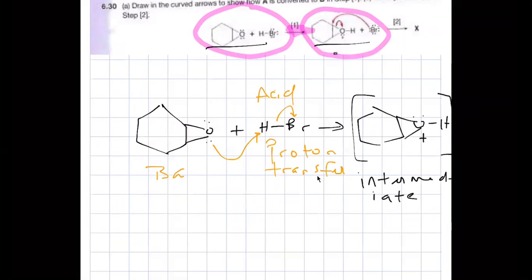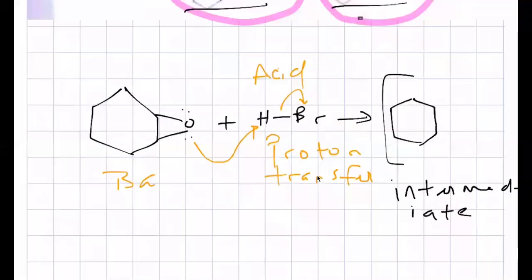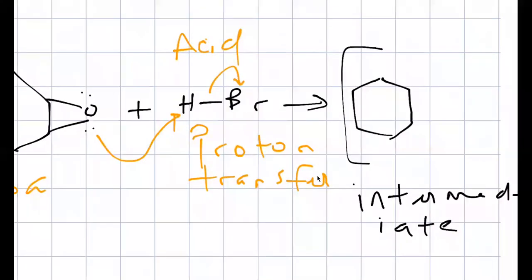What's the difference in an intermediate and a transition state? Somebody help me. With the transition state, the bonds are partially broken. I agree with that. So what does that mean in terms of whether I can isolate it or see it?